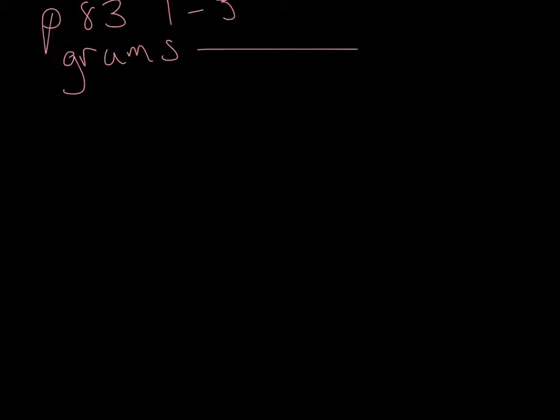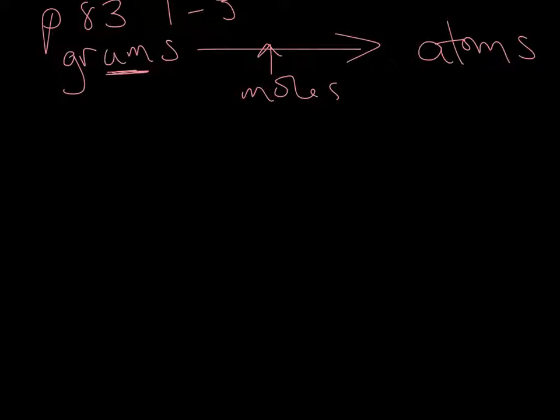Along the way, we're going to have to stop at moles because we don't know a direct connection between grams to atoms, but we do know grams to moles and moles to atoms. So watch closely as we do this.